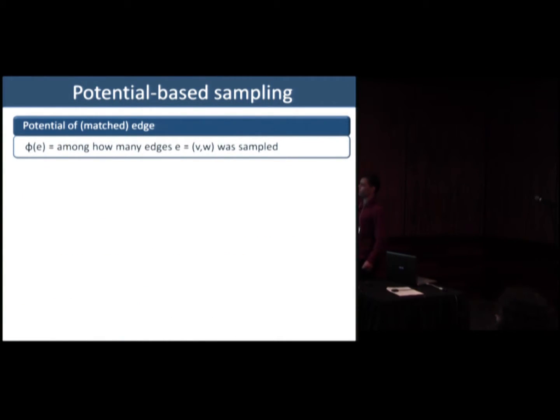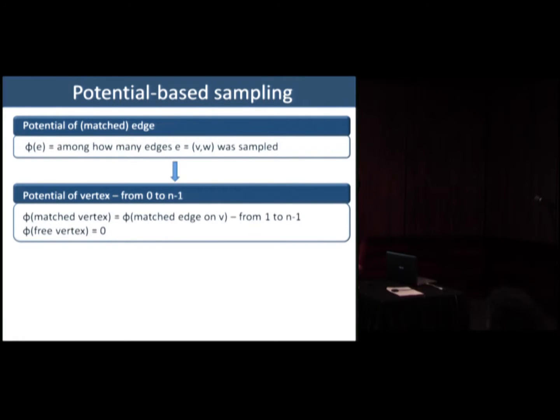Okay, so we're going to do that using potential-based sampling. What do I mean? For every matched edge, we have a certain potential value, and we're going to define a potential value for the matched vertices. Simply, the two endpoints of a matched edge will have the same value as the edge. So phi of v is just phi of the corresponding edge.